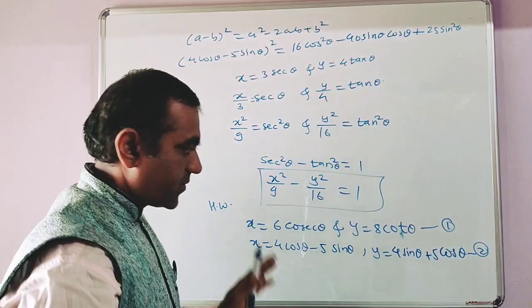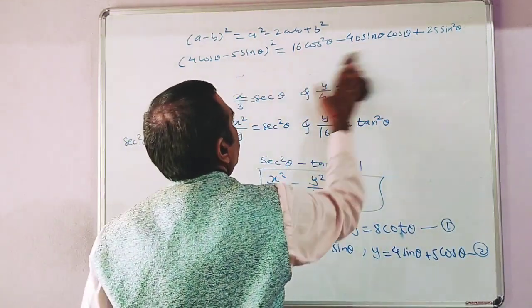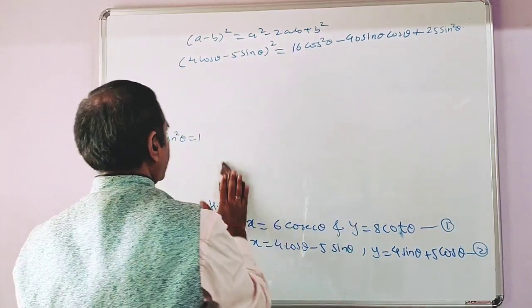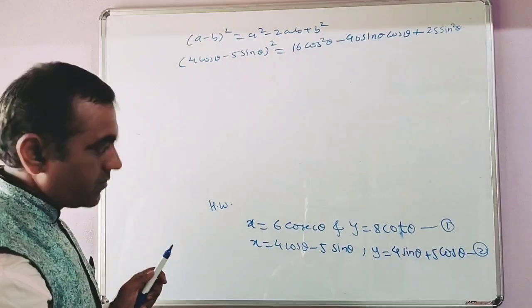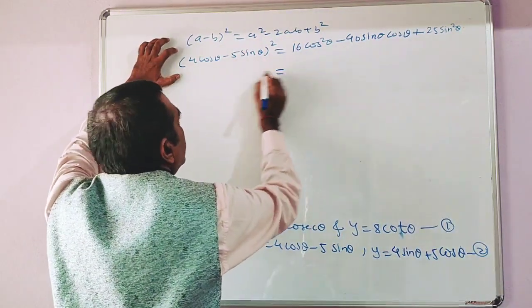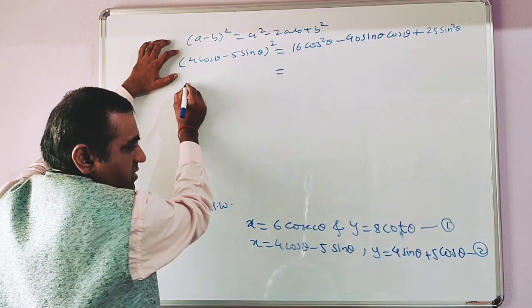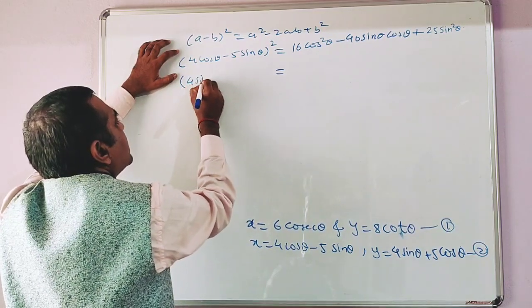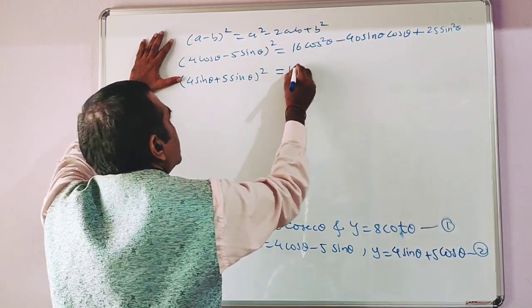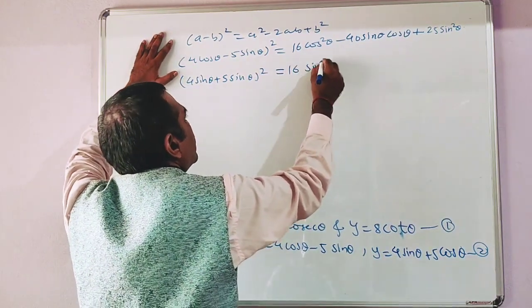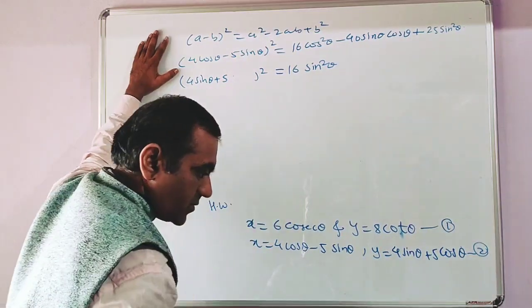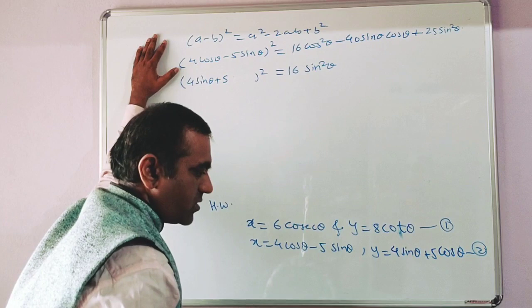Now see the second one: 4 sin theta plus 5 cos theta.